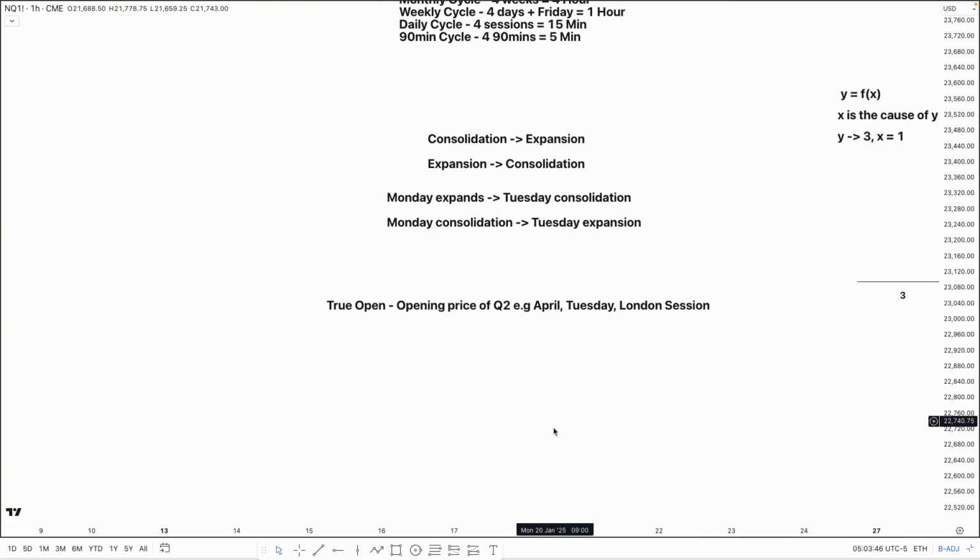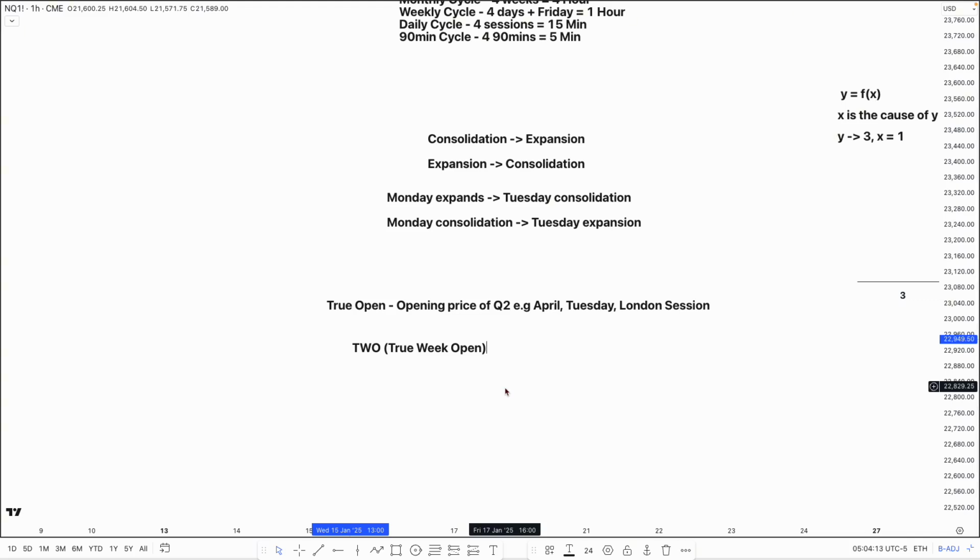But to put it simply, we will only be focusing on the true week open as intraday traders. Many people will be focusing on the true day open and the true session open, but you will find that price doesn't necessarily trade in the way that the true day open and true session open says that price should trade.